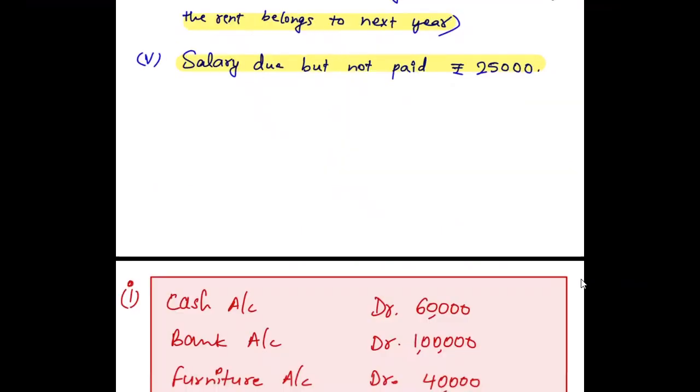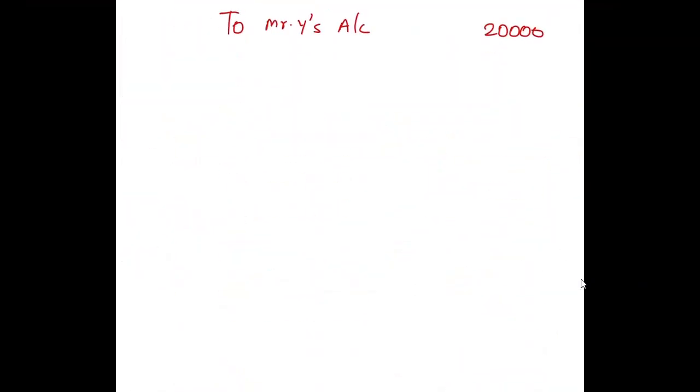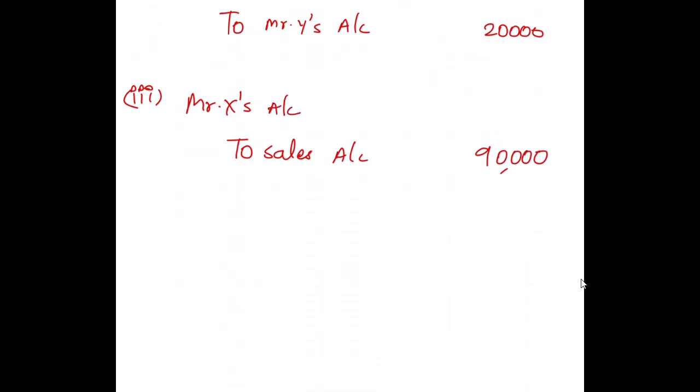So what will I do? I have sold goods to Mr. X. So whenever I sell, my goods are going out to the sales account. How much was the goods sold? 90,000 rupees. But I have to receive that amount from Mr. X. So I will debit the Mr. X account, debit the receiver and credit the giver.